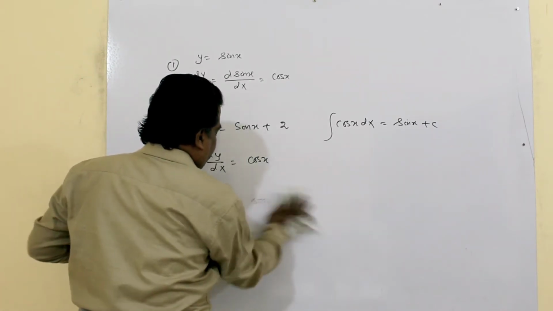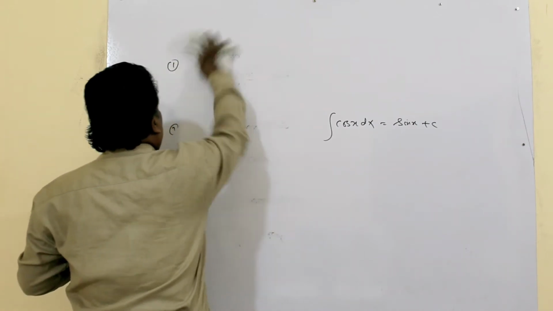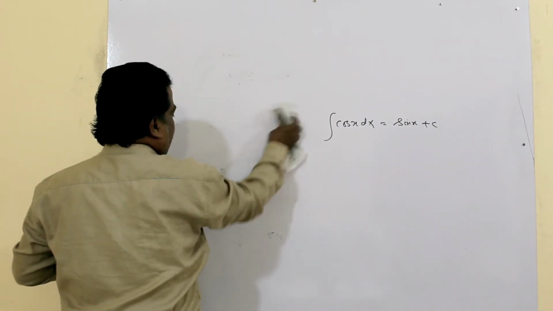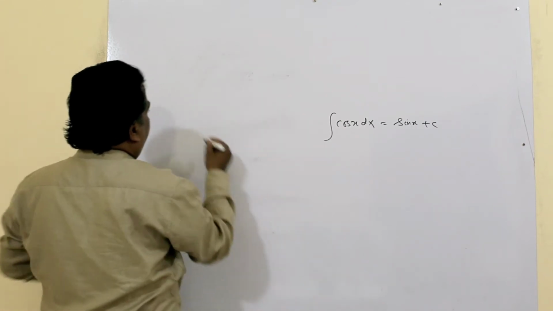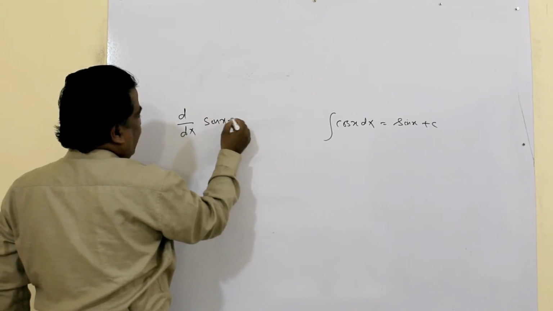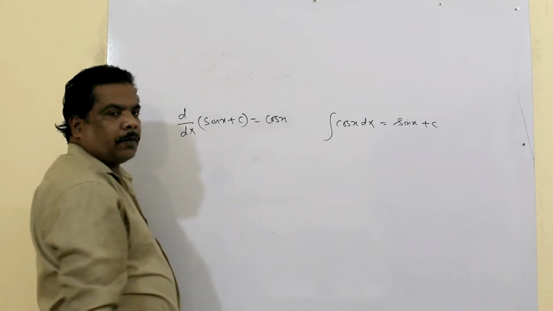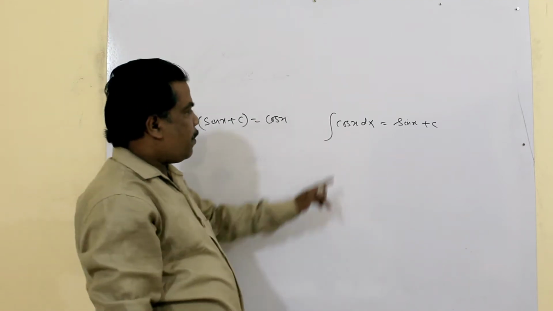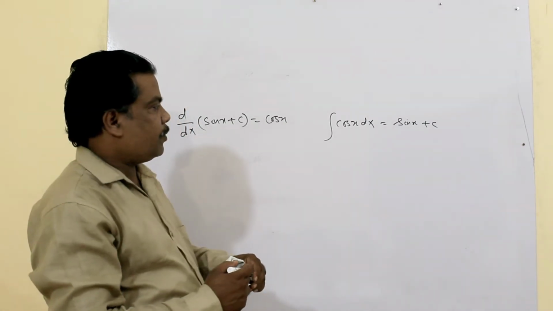So the derivative of sin x plus c is equal to cos x. Then the integration of cos x dx is equal to sin x.